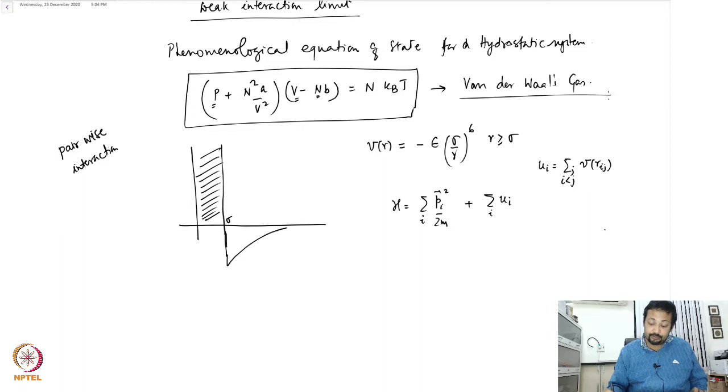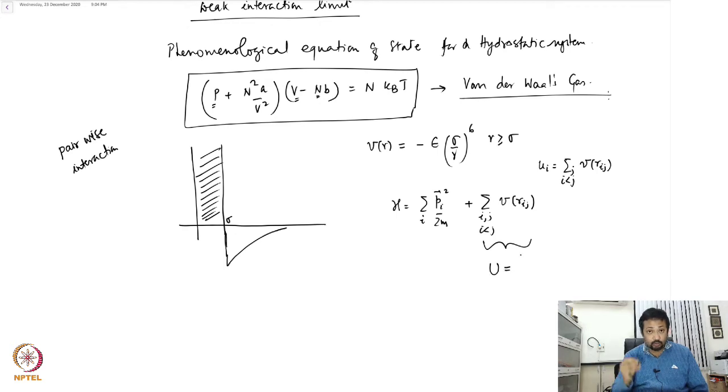We will see. So I can bring in a factor of half here, and the reason for bringing in the factor half is going to be very clear. For the time being, let's write this down explicitly as the sum over i, j with i less than j, V(r_ij). So this part is the total potential energy, and we will describe it as a sum over individual particles. But now this interaction is pairwise, so I bring in a factor half.